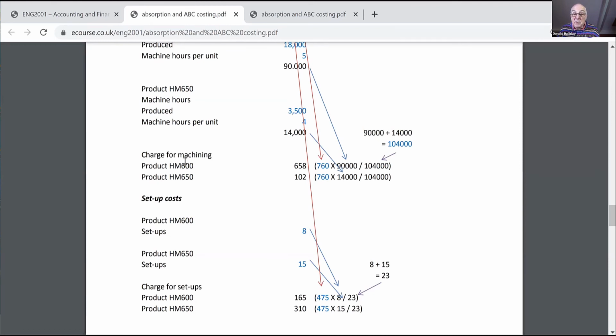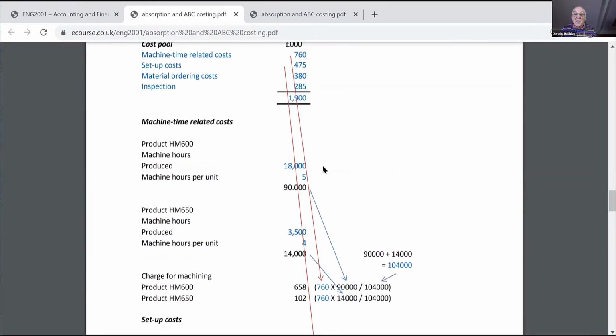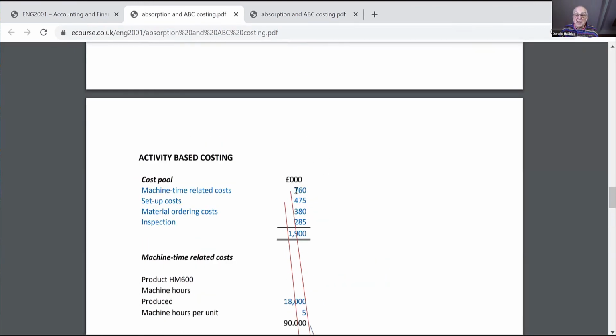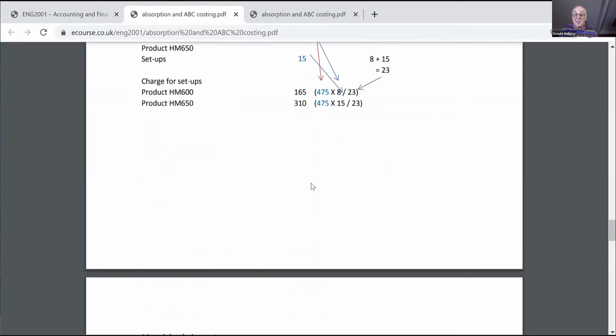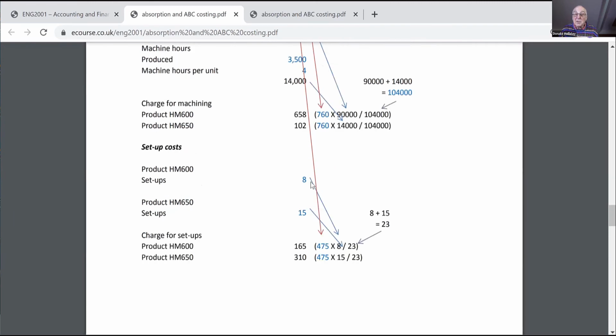So the charge for machining is going to be the budgeted cost. The cost we're apportioning here is taken from the cost pool, and it's 760. And we just do a quick proportion.